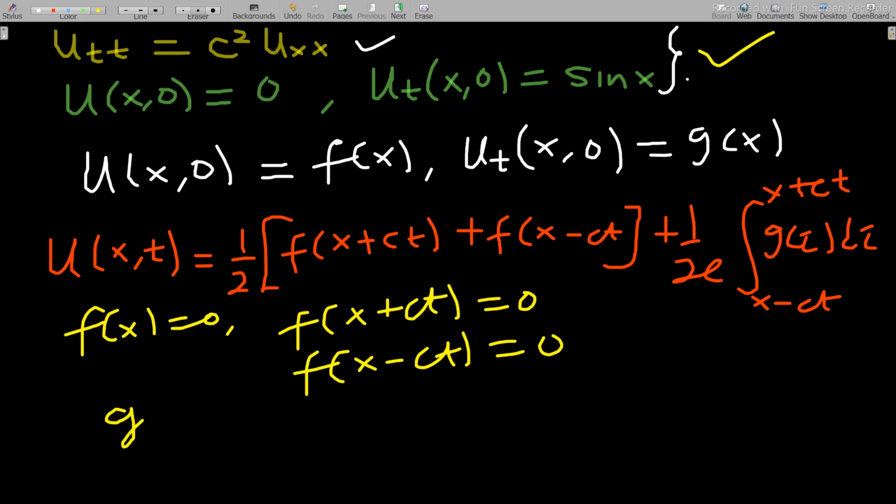Now g(tau) is equal to sine of tau, because we have g(x) equal to sine x.